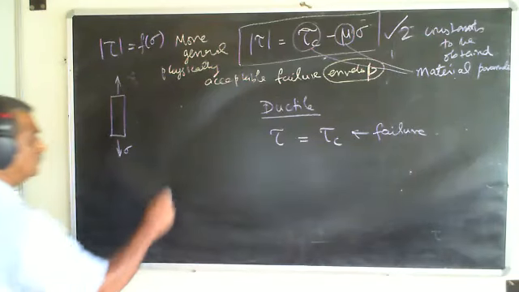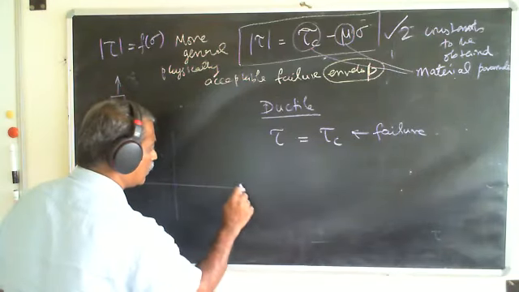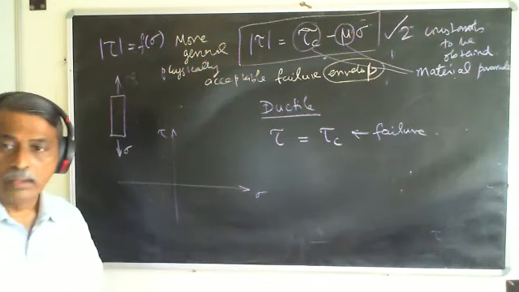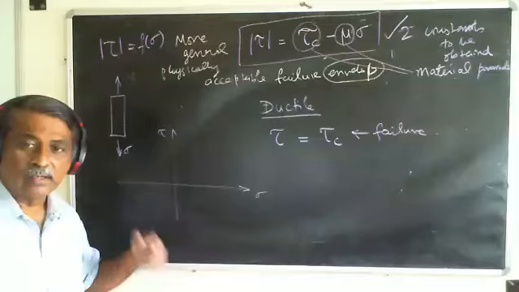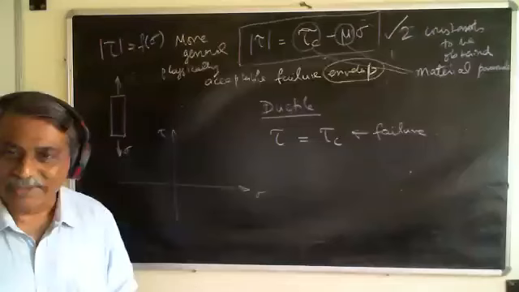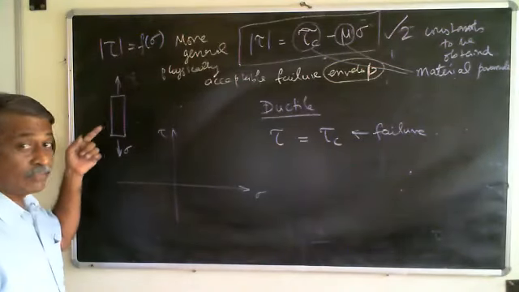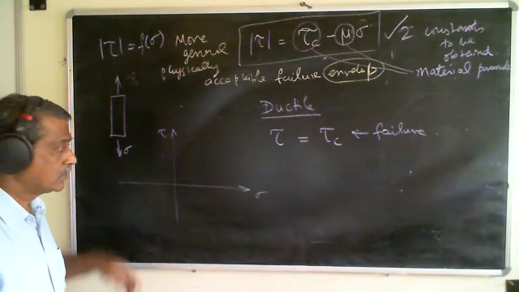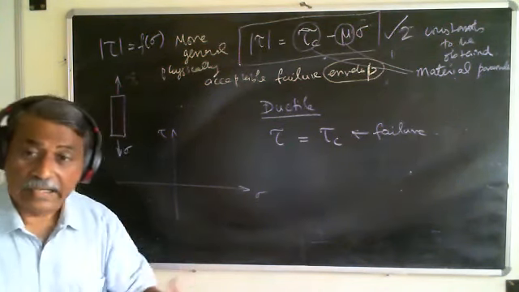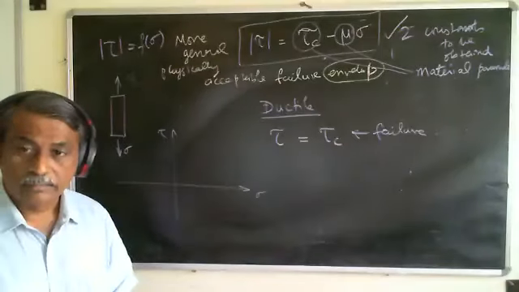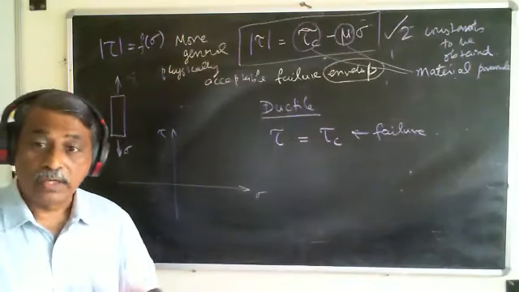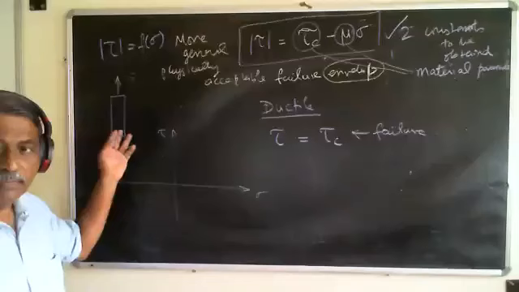I can draw the Mohr circle for this. Anybody who can help me with the Mohr circle? Since you're doing the assignment, I can ask this question now. Where will the center of this Mohr circle be? Origin? On the sigma axis. Fantastic. That is one thing.